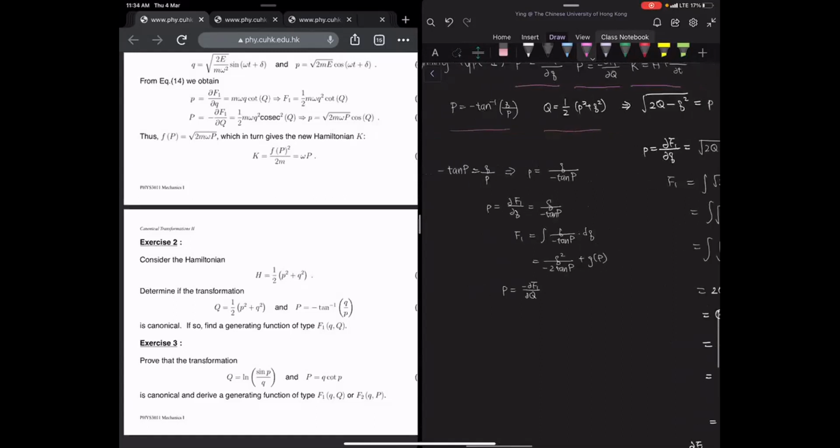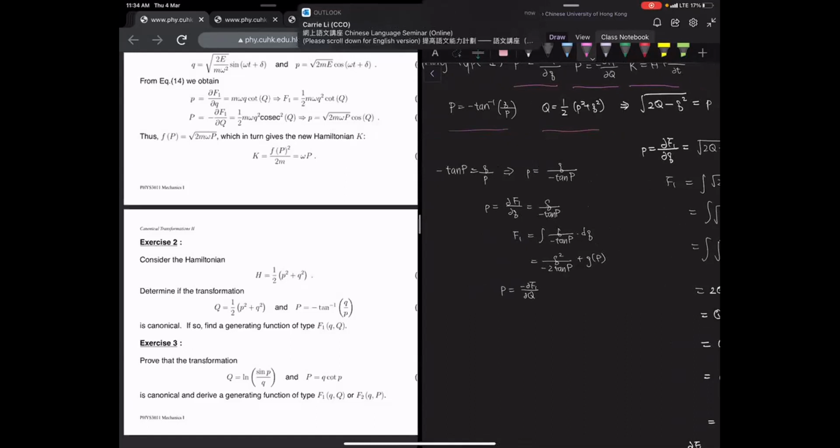I wasted some of my time trying to solve it using this equation to begin with, to solve for F1, because if we find P in terms of this equation, you can easily find that the equation given is like this.